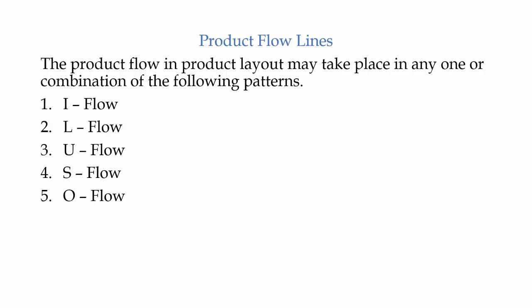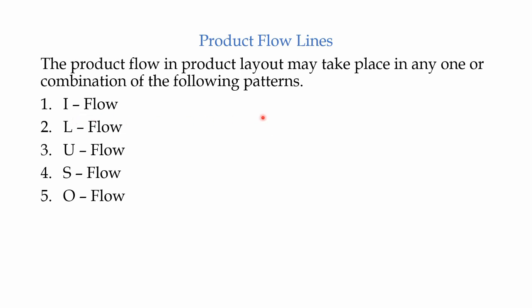Next, moving on to the product flow, how the product flows between different facilities. Here, depending on the type of product or the space available, the way the machines are arranged, it may follow I flow. I flow means the product will start at one point and travel in a straight line.